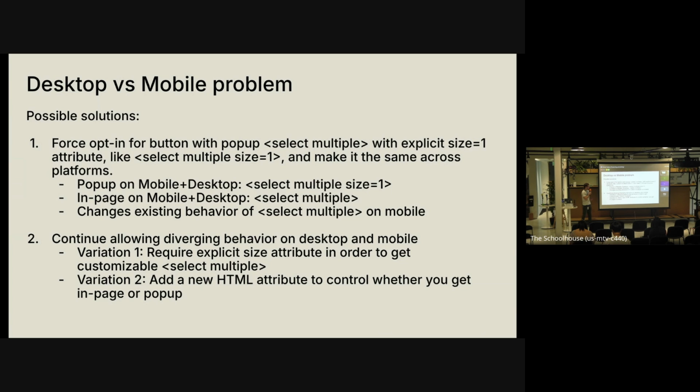The other option is to continue to allow this diverging behavior with the same HTML on different platforms, and then try to add more things on top of it to allow developers to at least opt into one or the other to get feature parity if they really want it. Again, we can use the size attribute to do this. Size equals 1 means it should be a button and a pop-up, and a size greater than 1 means it should be an in-page thing.